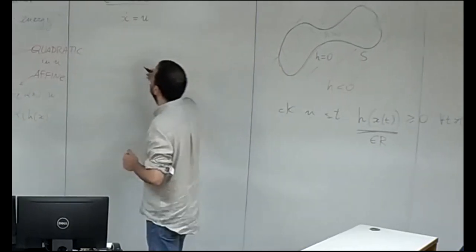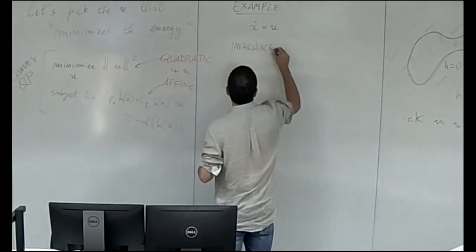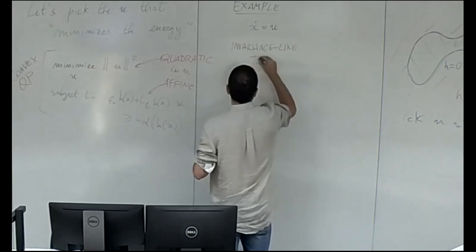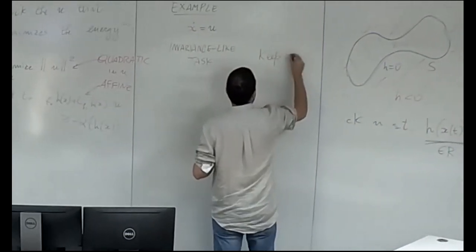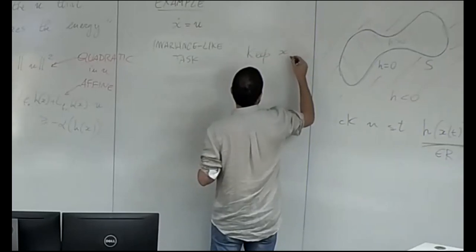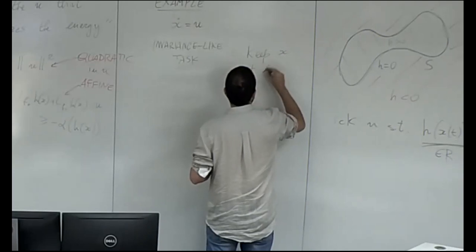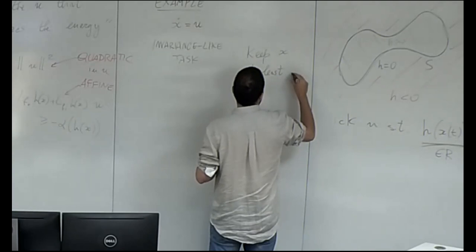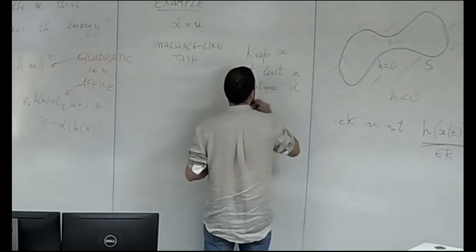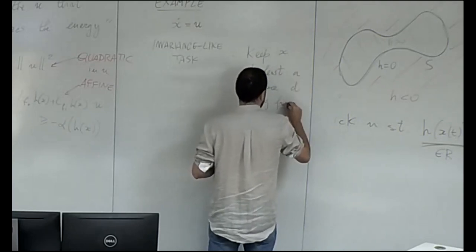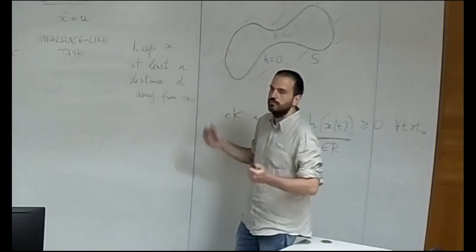Now this time, the invariance task will be to keep x at least a distance d away from a point which we call x of the obstacle, the position of the obstacle.